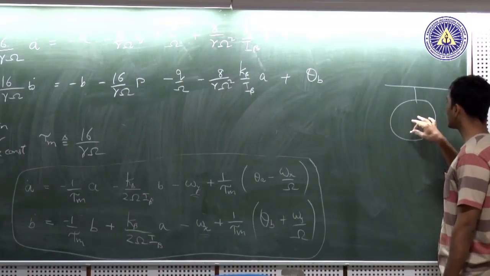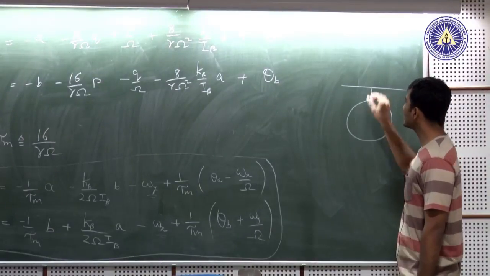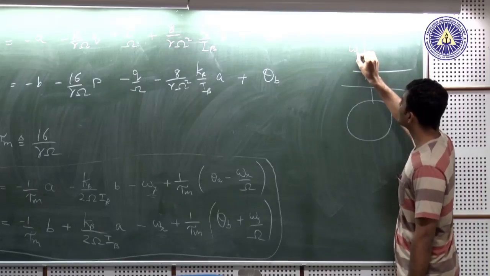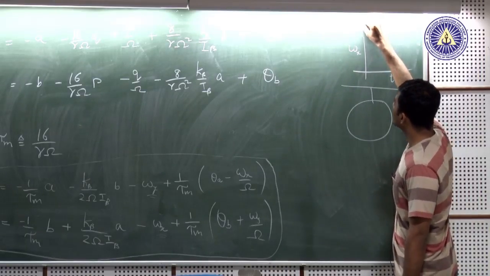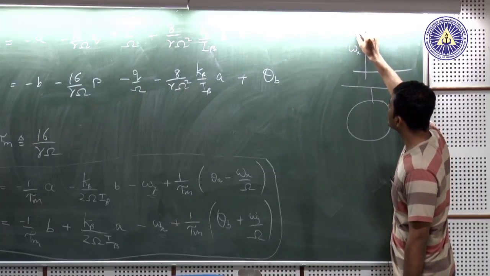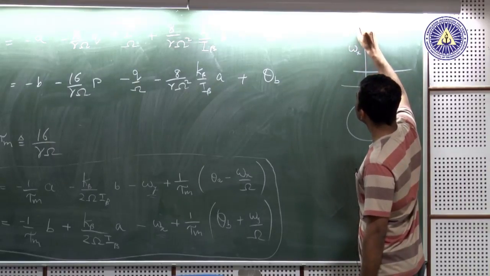I'll try to show you a plot wherein if I have my helicopter, initially at t equal to 0, if I give a large angular velocity to this fuselage, let us say this is my angular velocity about x axis and this is time. Let us say this is like 360 degrees per second, or maybe 2 pi radians per second.